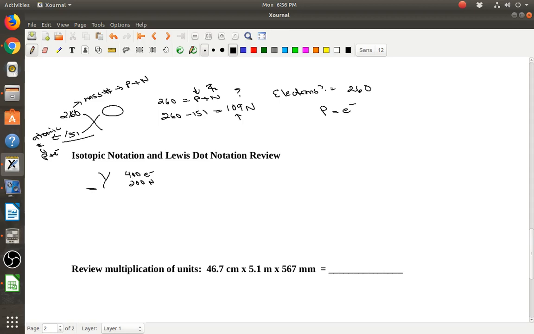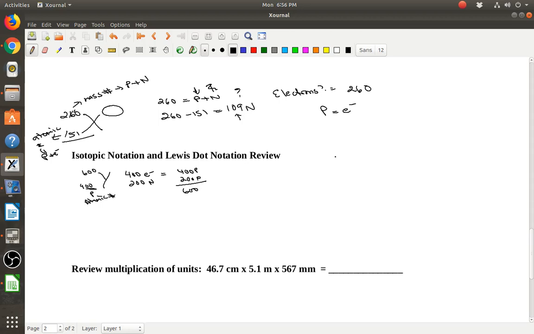If it has 400 electrons, it has 400 protons. So that's the atomic number at the bottom. With 400 protons and 200 neutrons, 600 is the mass number, and that would go at the top. So that's isotopic notation. Keep that in mind.